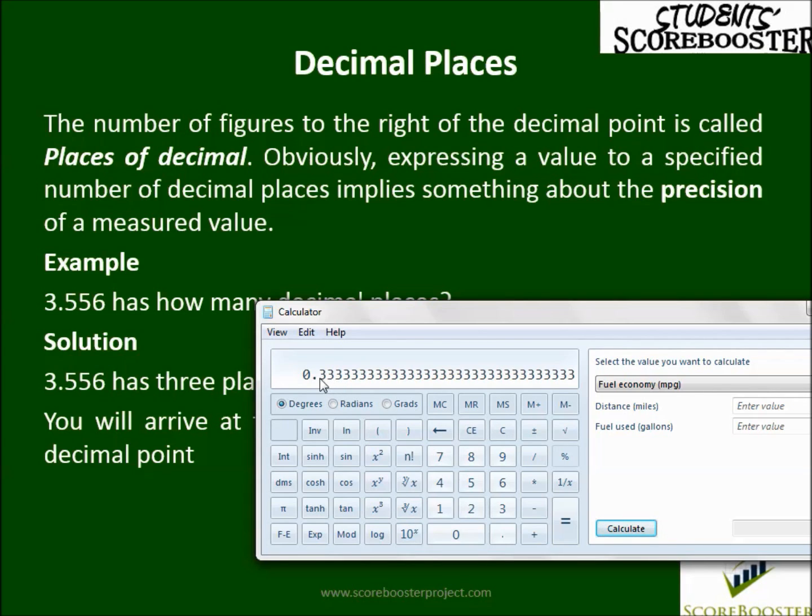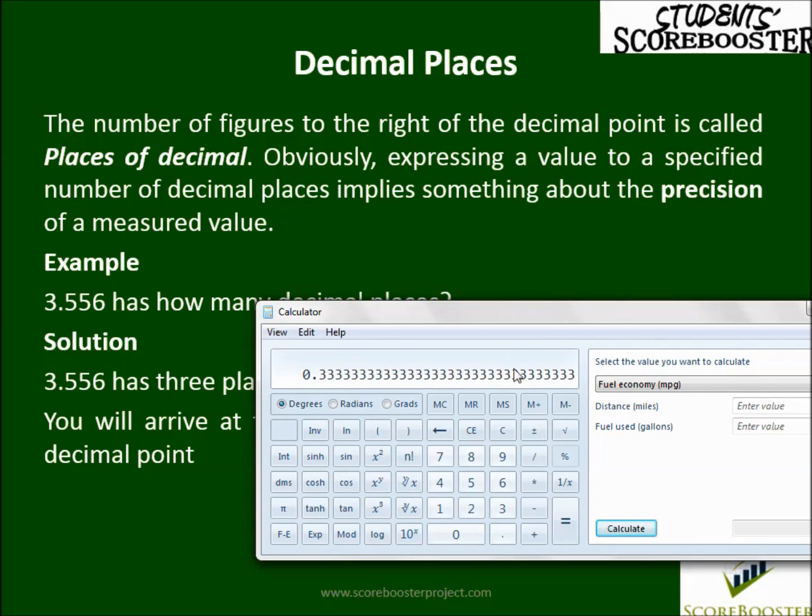So the 0.33 is to two decimal places. Meanwhile, the accurate, exact value of the number you are trying to get is 0.333, and the number continues recurring.